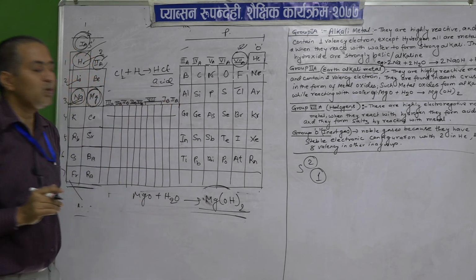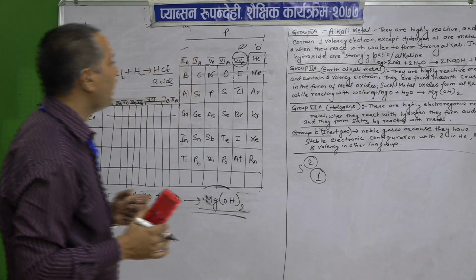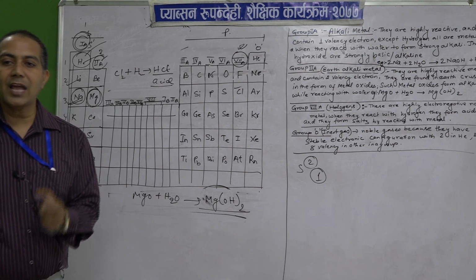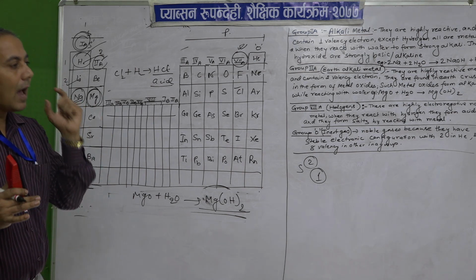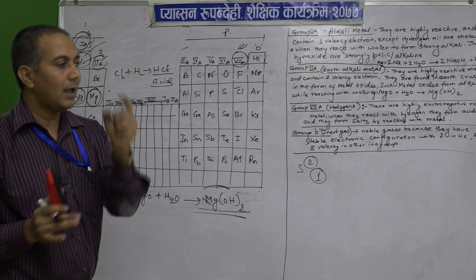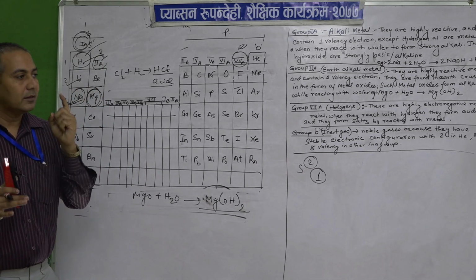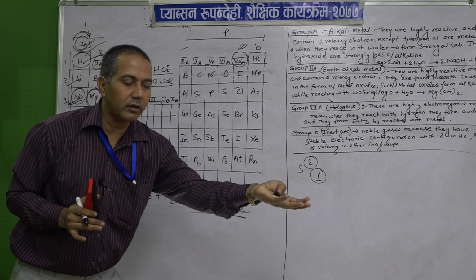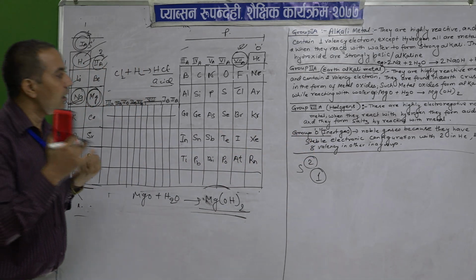So, what do we come to know now? We come to know that 7A group elements are highly reactive electronegative elements. Why? Because they contain 7 electrons, therefore, they will not lose the electron, they will gain the electron. So, negativity increases.